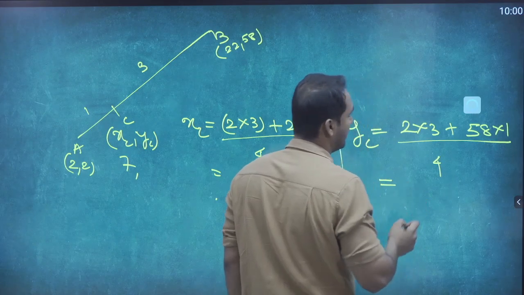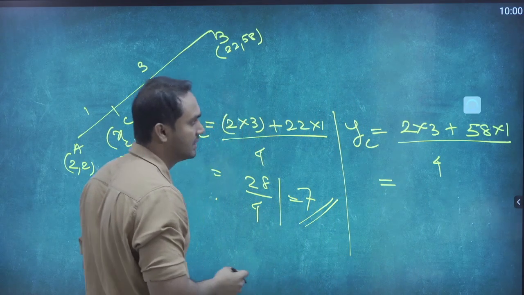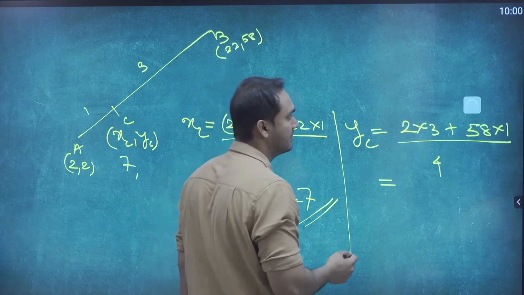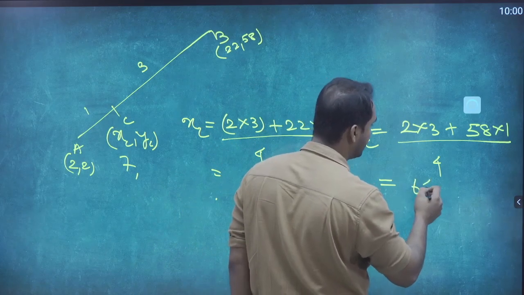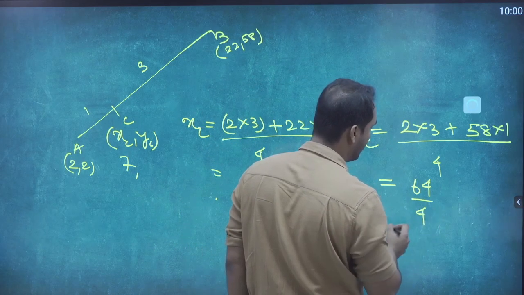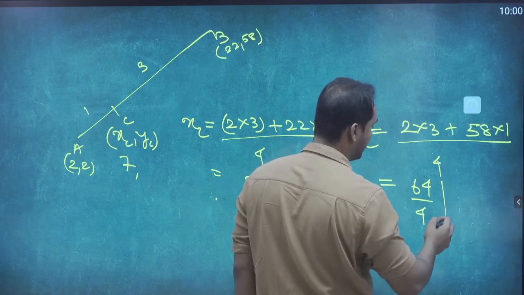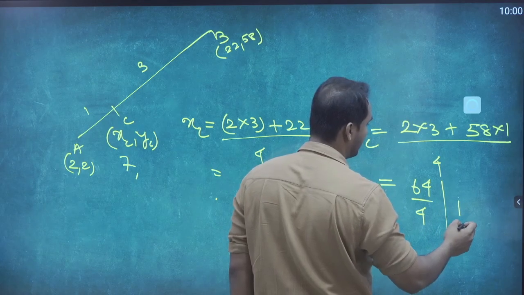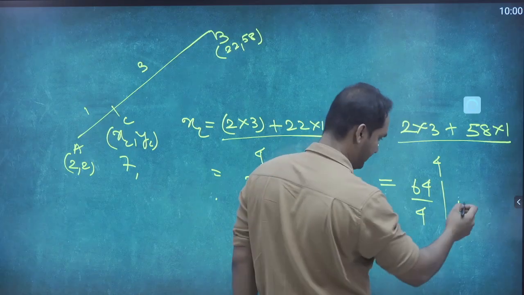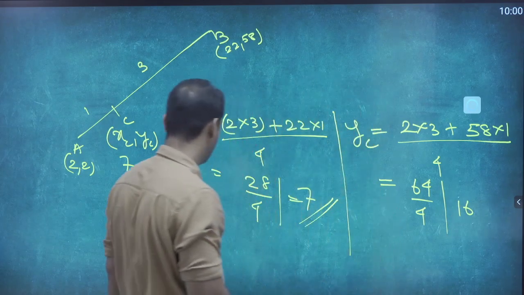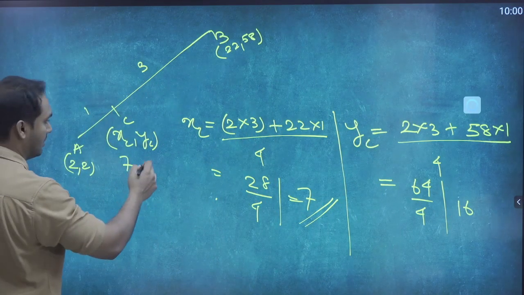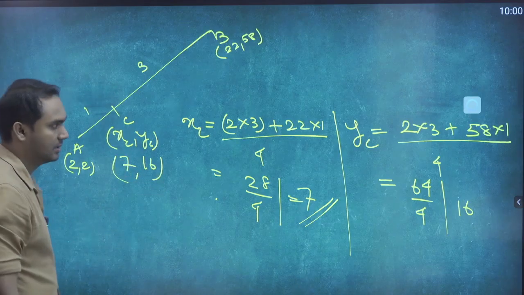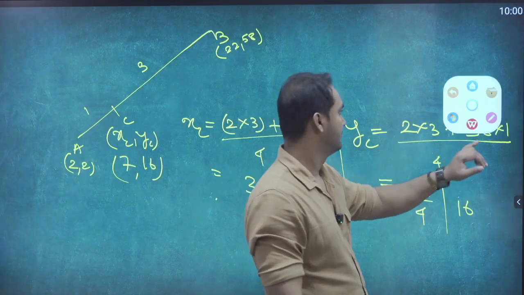So 2 multiplied by 3 is 6, 58 multiplied by 1 is 58. That will be 64, and divided by 4 is 16. So the coordinates are 7, 16. Is the answer there? Right.